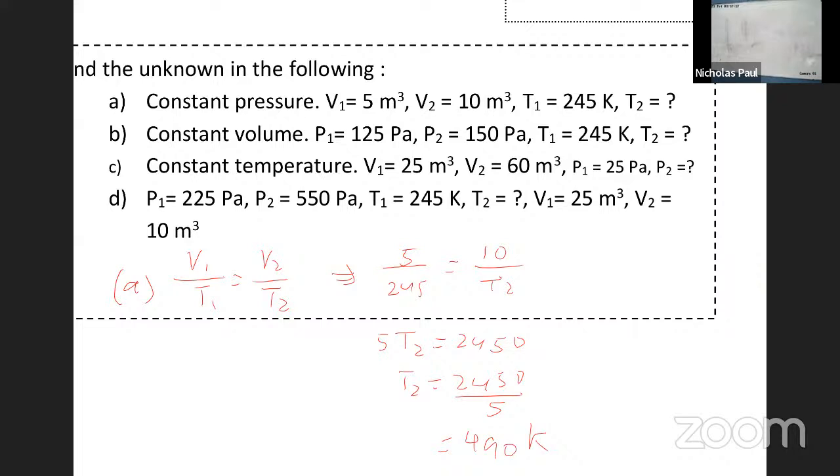You all got that online? 490 Kelvin. Cameron, you all got that? Ishana, Katrina, Maria, Sahara, Shannon, Mirage, Malini, you all got that?